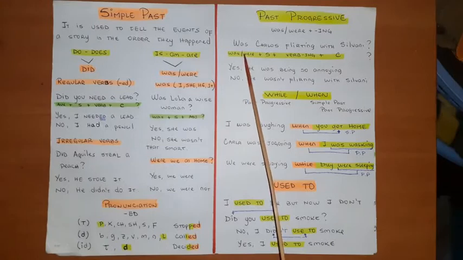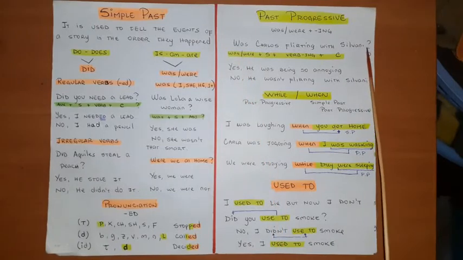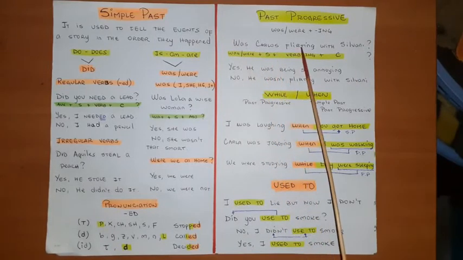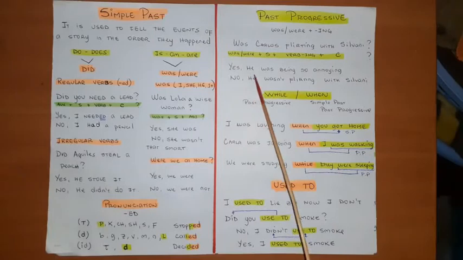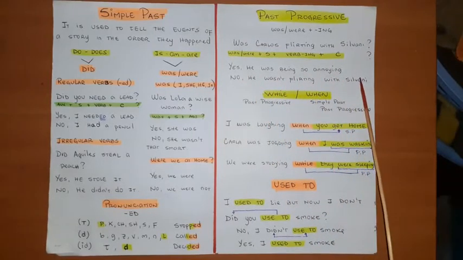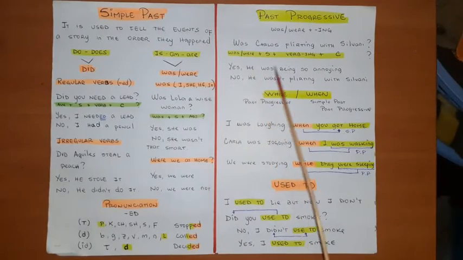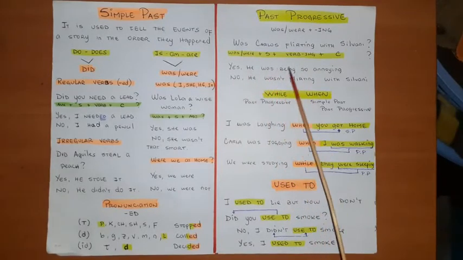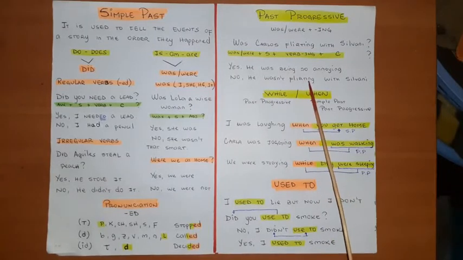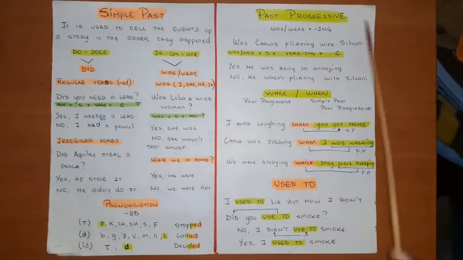In this case, obviously, I have was and were at the beginning of the sentence because it's a question, okay? But in here, you have to switch positions. So, was Carlos flirting with Silvani? Yes, he was being so annoying. No, he wasn't flirting with Silvani. As you can see, subject, was or were, depending on this, and the ing form. Okay, that is gonna be past progressive.